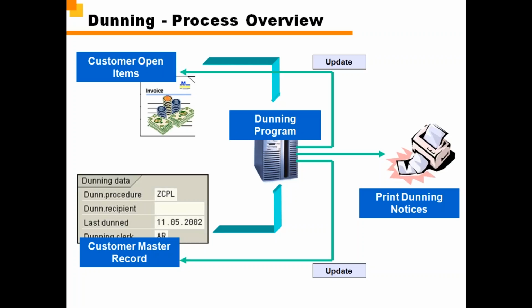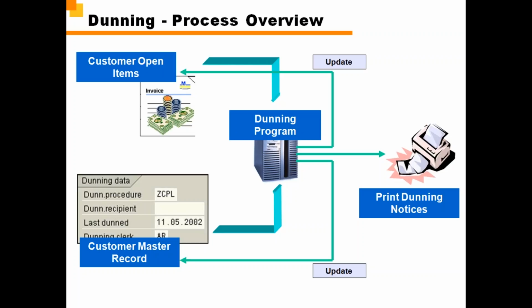What this automatic payment program does is search for those line items which are open. It will search for the vendor open line items, and accordingly the system will pay them. Now on the same lines, for our customer, we will run the dunning program.